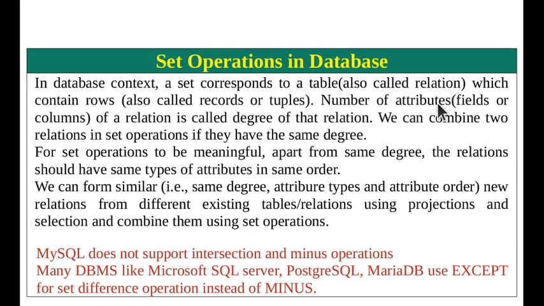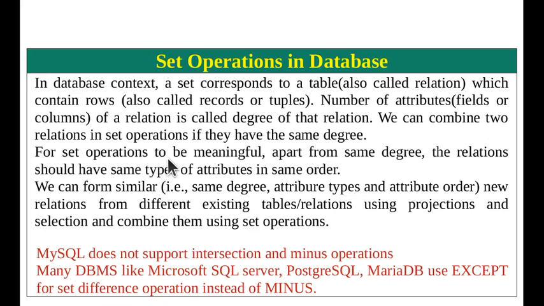The number of attributes, that is fields or columns of a relation, is called the degree of that relation. We combine two relations in set operations if they have the same degree. That is, the number of columns should be the same in both the relations or tables.